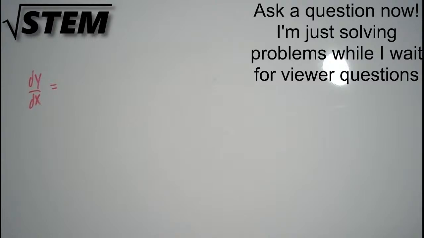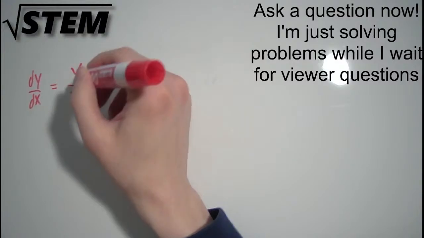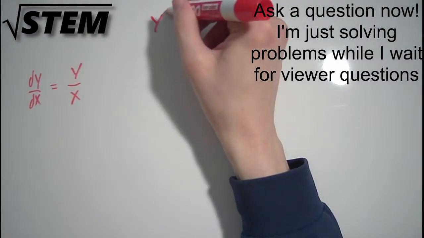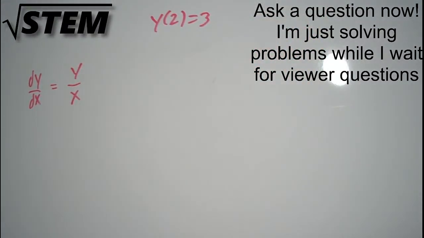Okay, let's try one more. This one doesn't look as bad. dy/dx equals y over x with y of 2 being equal to 3. Okay, so same thing. We'll bring the y to the left side where the dy is. We'll bring the dx over here where the other x is.